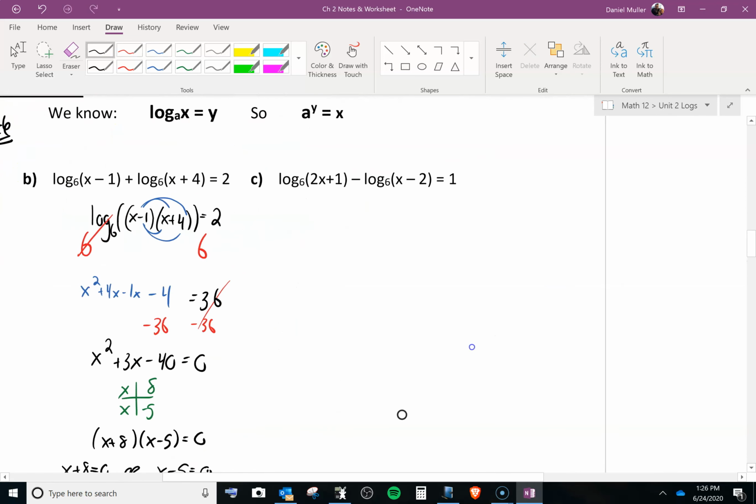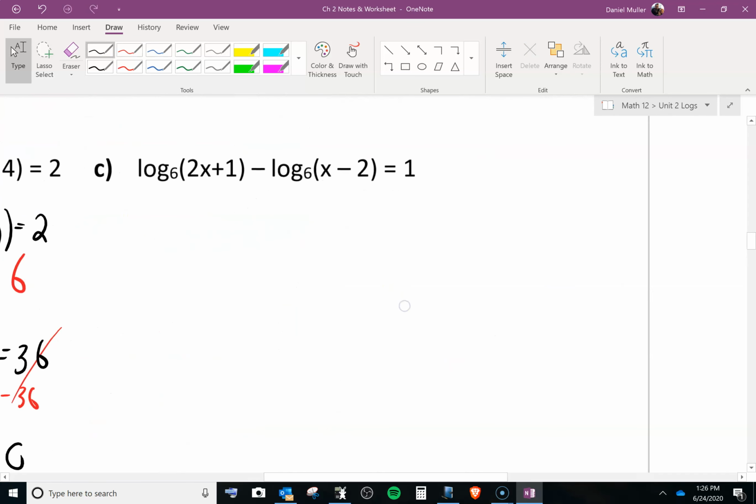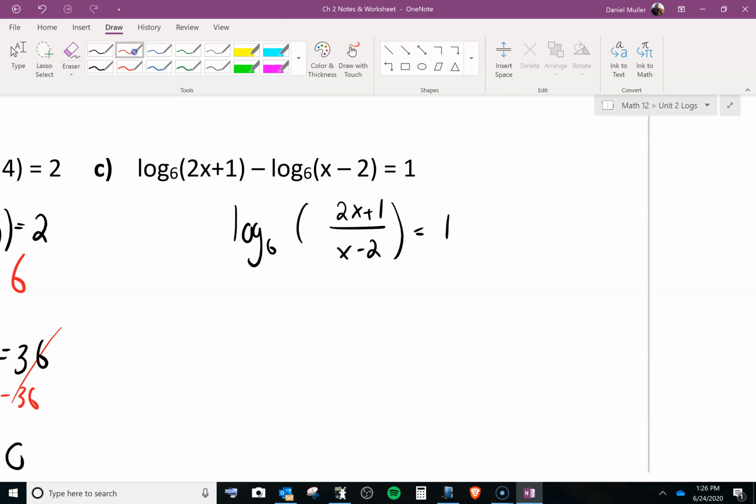Okay, so the next one. We want to combine these together to get the logs together. So we've got log base 6, and we've got a 2x plus 1, and because they're subtracting, we can divide. x minus 2 is equal to 1. Now there is a 6 here. We just did that again, so 6 to the power of and 6 to the power of.